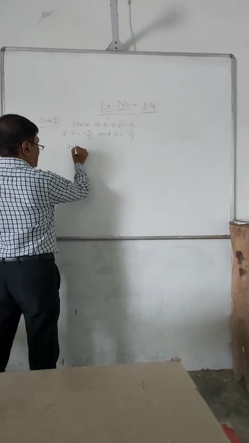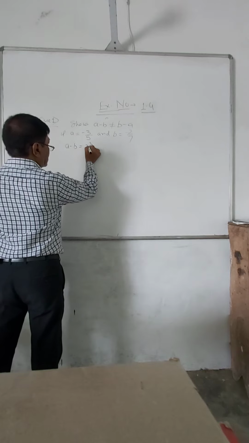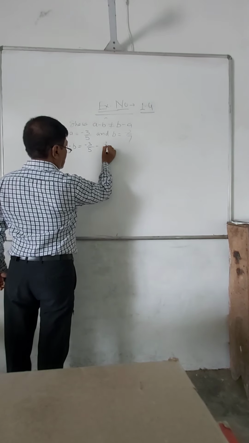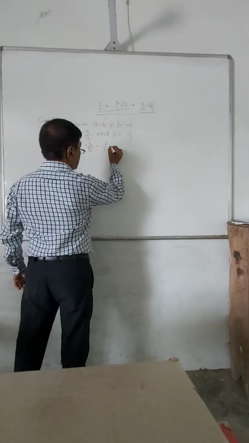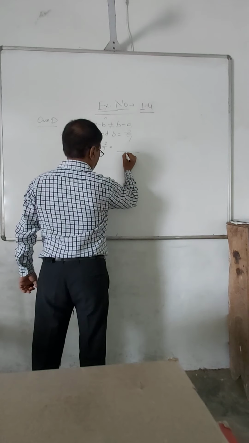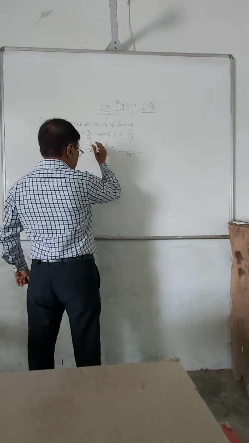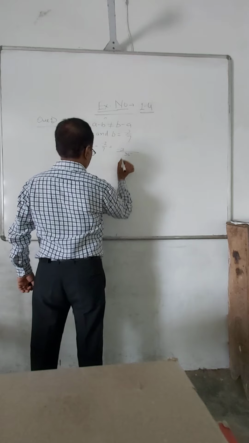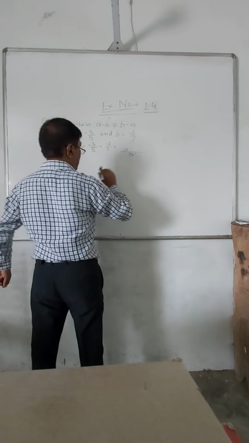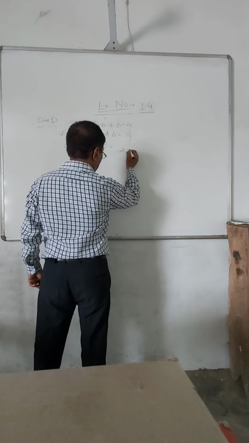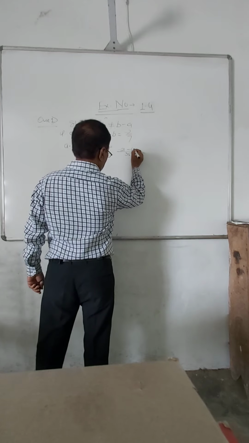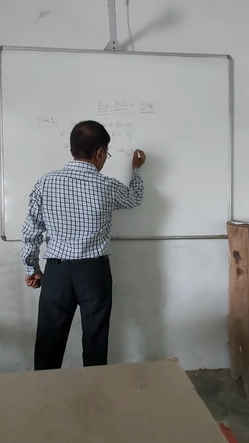Let us see. a minus b is equal to minus 3 by 5 minus 2 by 7. So what is the LCM of this one? 35. 5 sevens are 35, minus 21. Here it is minus 7 into 3, minus 21, and 5 into 2, minus 10.